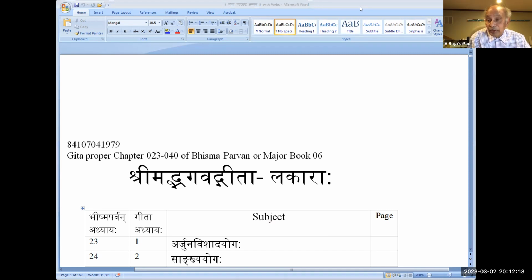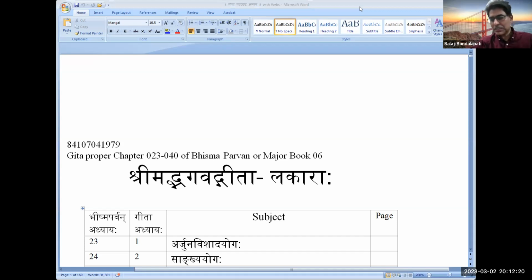Or you have the Janma karma in the 12th chapter. He was explaining Bhagavan's, in the 15th chapter, I think this one. Let me chant this one.